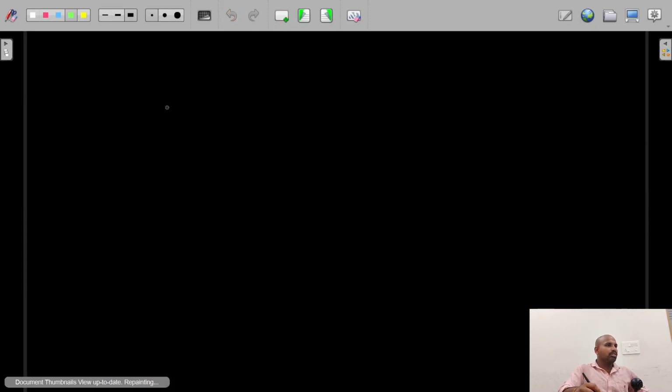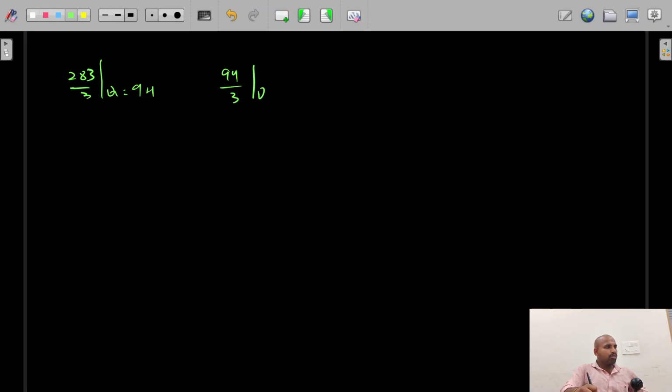Now we will do it for 3. So 283 by 3, my quotient is 94. 94 by 3, my quotient is 31. 31 by 3, my quotient is 10. 10 by 3, my quotient is 3. 3 by 3, my quotient is 1.